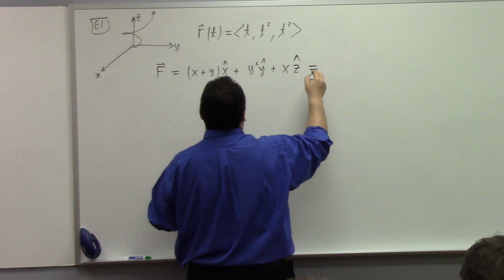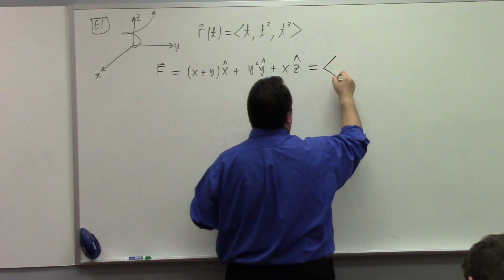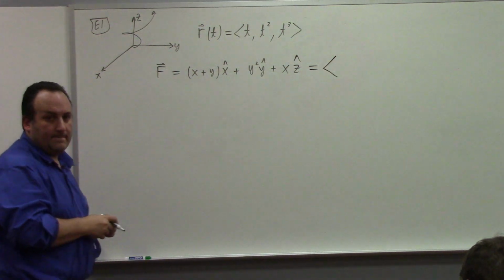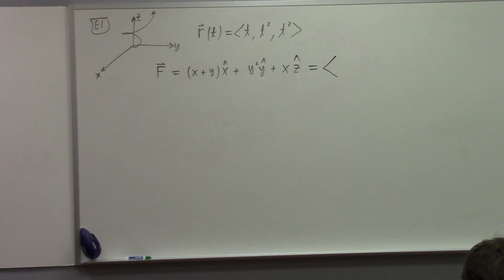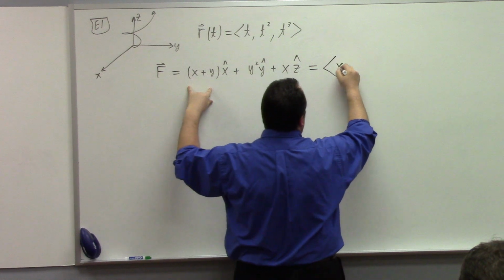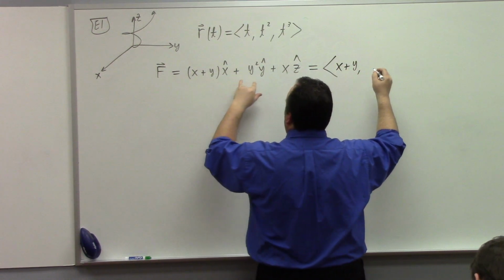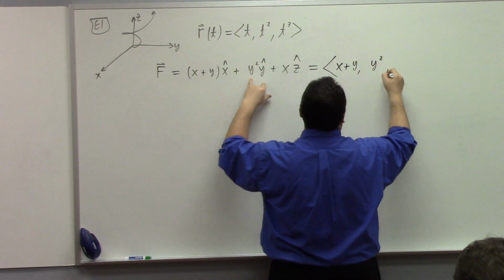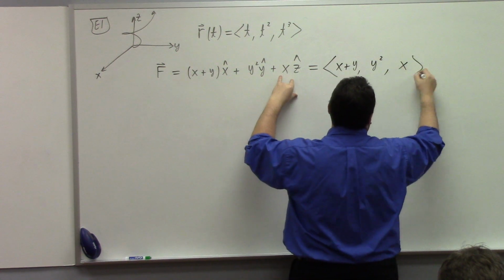In the other notation, what would this look like? If we use the bracket notation instead of the vector hat notation, this would look like x plus y, y squared, and x.